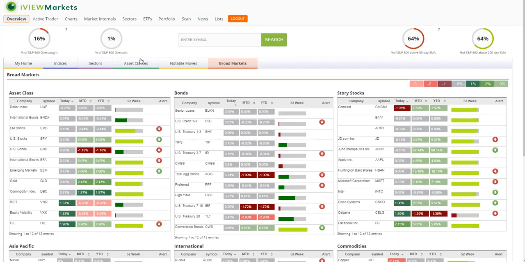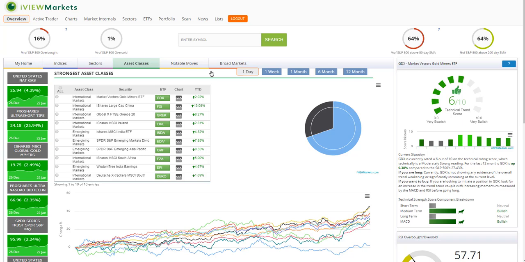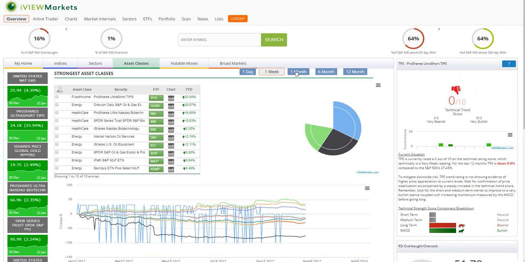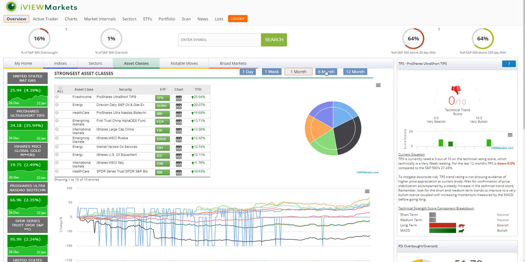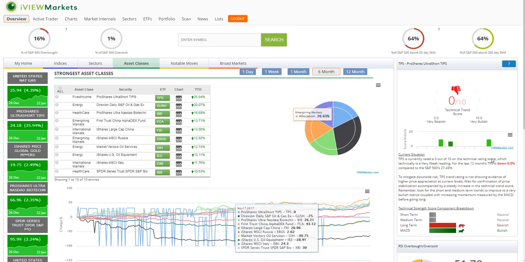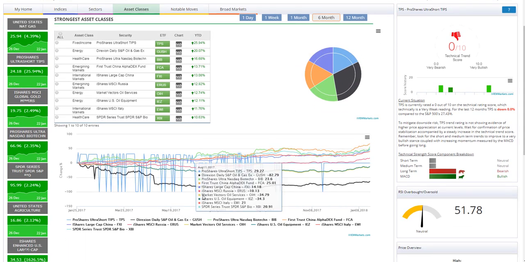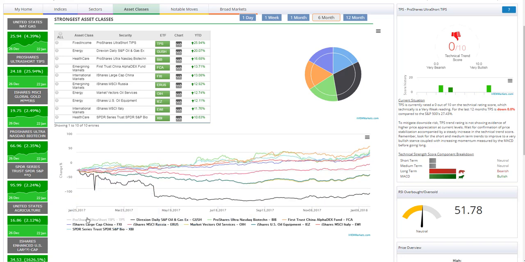And then lastly, for the asset classes, you could look at, okay, what's working today, what's working on a 1 week basis. That 1 day, 1 week, 1 month really is not going to show you momentum. 6 months, I don't know what chart that is. Let me just remove that. 6 months and 12 months are really the momentum areas that you want to be watching for.